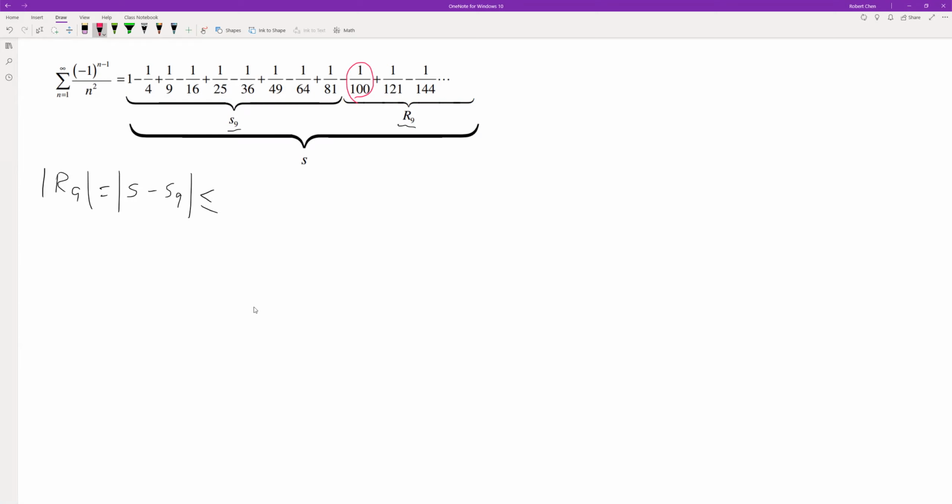Notice that since we're looking at the absolute value, we're also taking the absolute value of the Bn part of the series. So it's going to be less than or equal to 1 over 100.